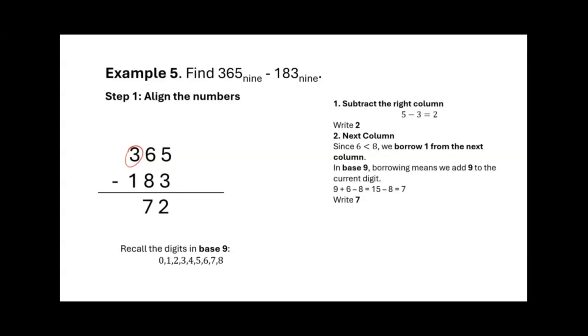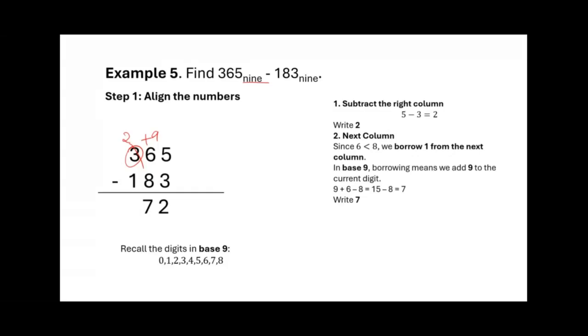Borrowing a unit actually depends on the base. If you were doing a regular subtraction, you're supposed to add 10 because the base is 10. But if you borrow 1 from the 3, it becomes a 2, and since we are in base 9, you're supposed to add 9.